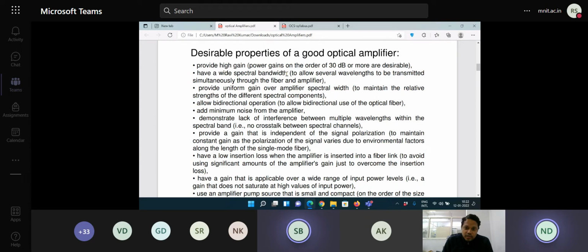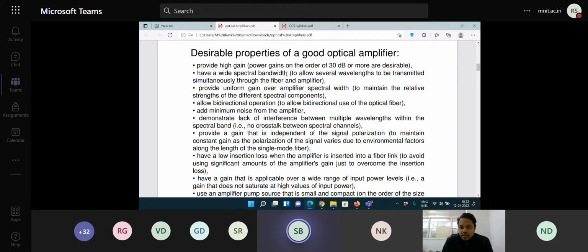So if the signals coming into the amplifier are polarized in some form, then it is desirable that the amplifier should not identify different polarizations and amplify them accordingly, but all polarizations should be amplified by the same gain.